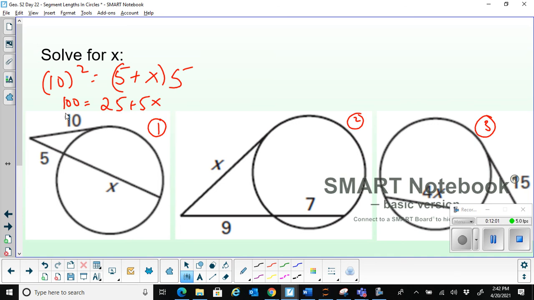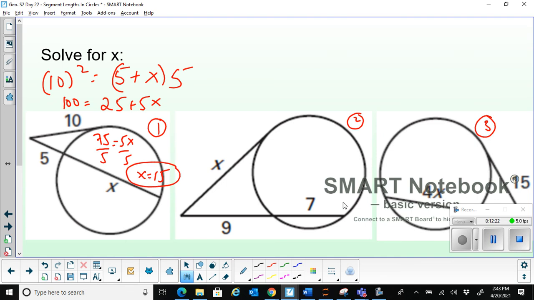Further subtract 25 on both sides to get 75 equals 5x. Then divide by 5 on both sides. You'll get x equals 15. Okay, I hope this is clear for problem 1.